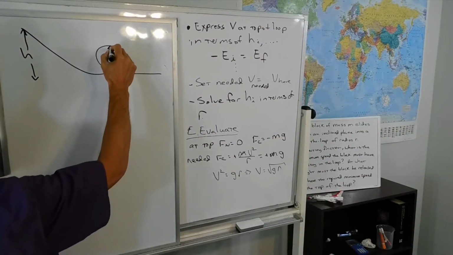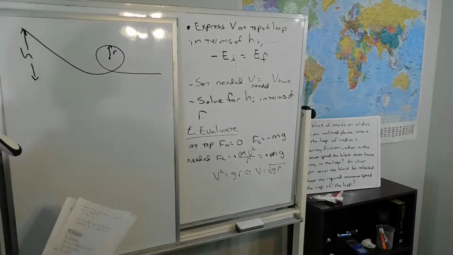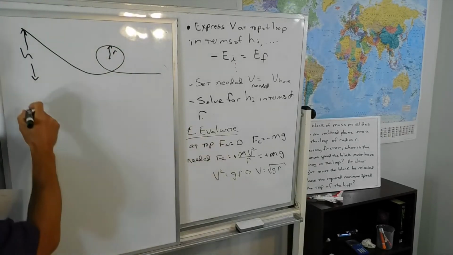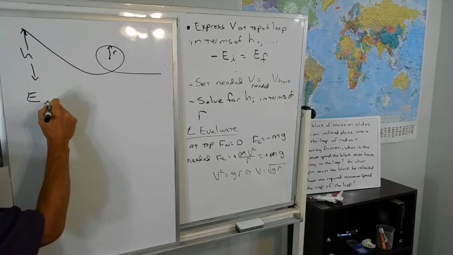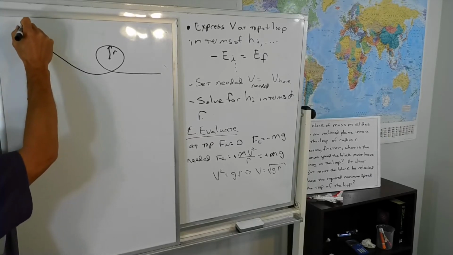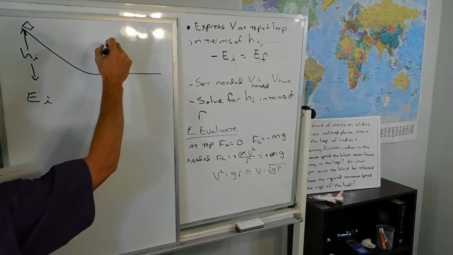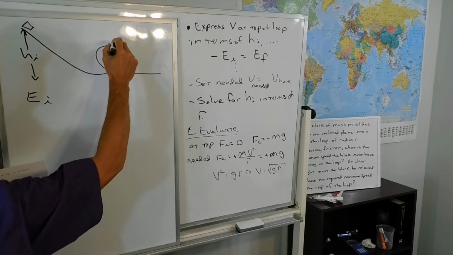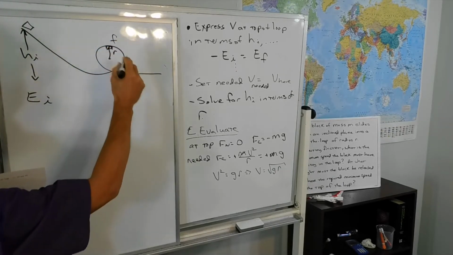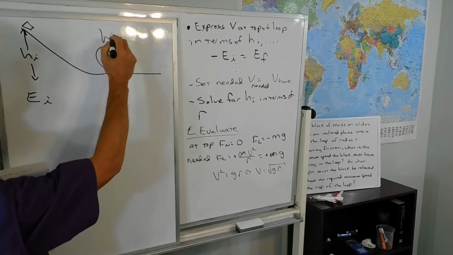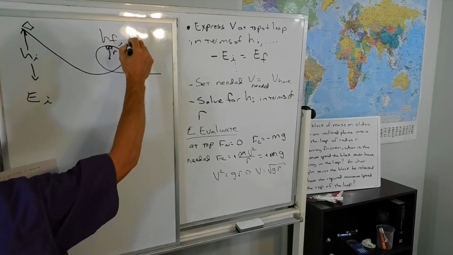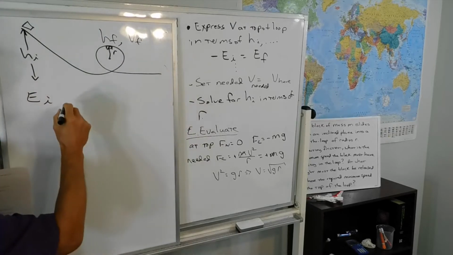So this is radius r here. Alright, so E initial, and this is the initial condition, is up before we start sliding down the ramp, and the final condition is here at the top of the loop-to-loop. So we call that H final, some velocity V final, and so on.